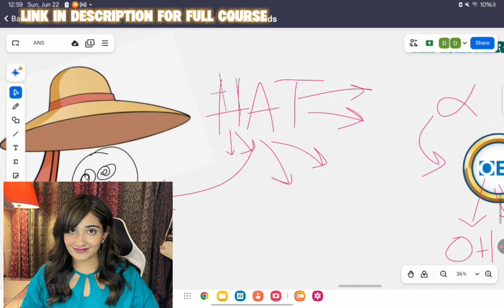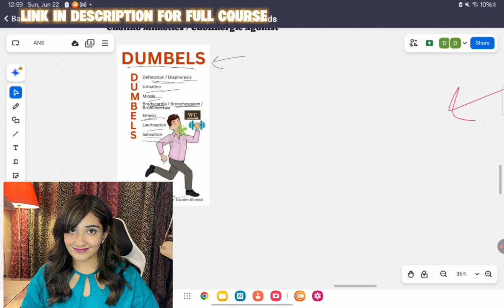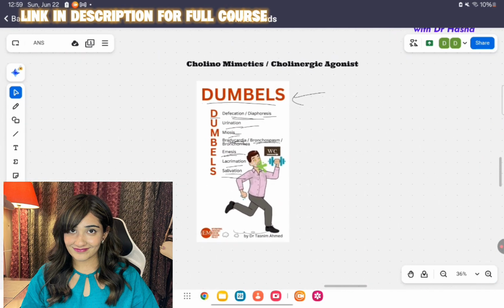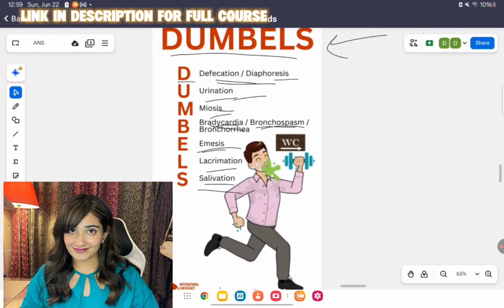Suppose they ask you what are the therapeutic uses of cholinergic agonists, right? So you can see that this person is causing urination to happen. So is there any disease which stops urination? It's most likely BPH, or urinary retention. Sorry guys, I meant urinary retention.